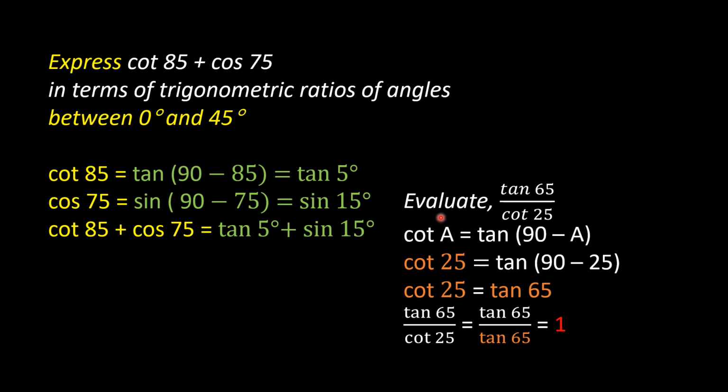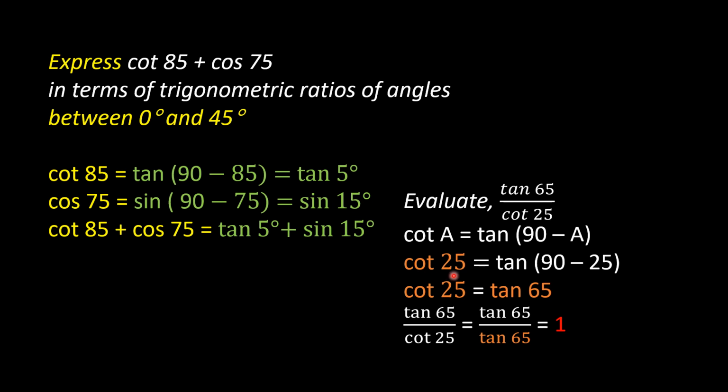Next, evaluate tan 65 divided by cot 25. Here we can change tan to cot or cot to tan, but we will change cot to tan and write cot A equals tan (90 minus A).